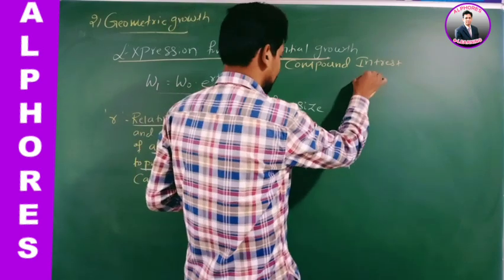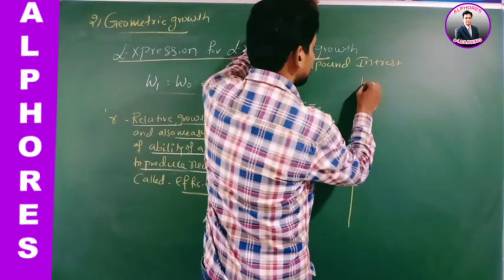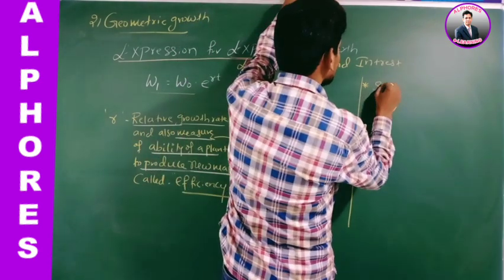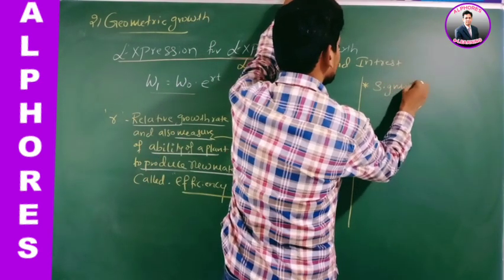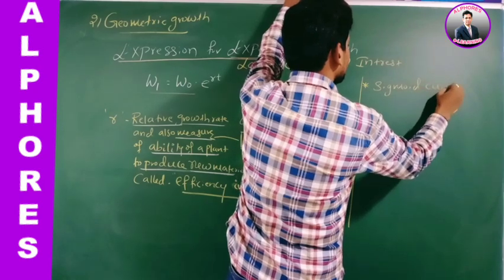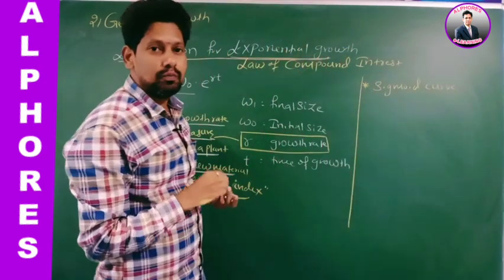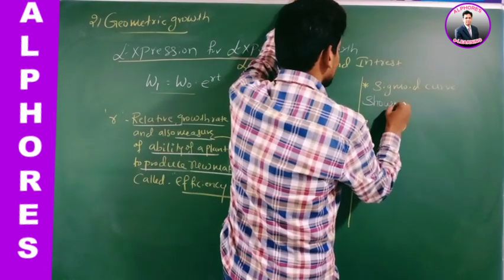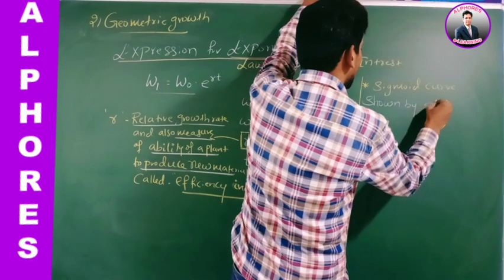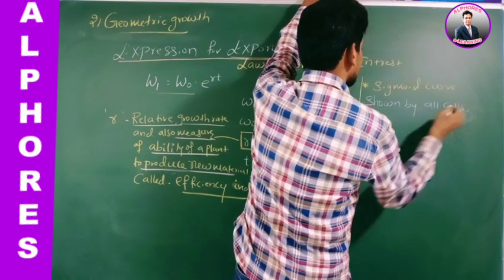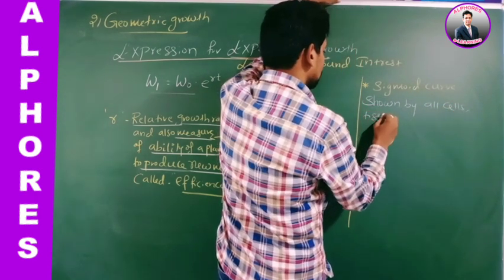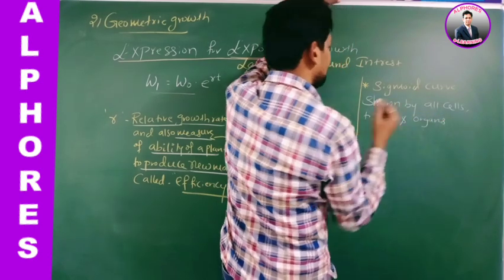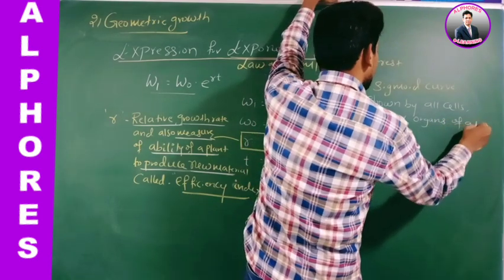Now listen here. The S-shaped curve, that is the sigmoid curve, is shown by all cells, tissues and organs of a plant.